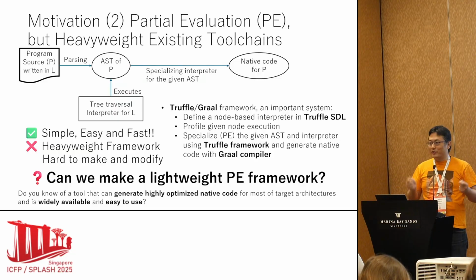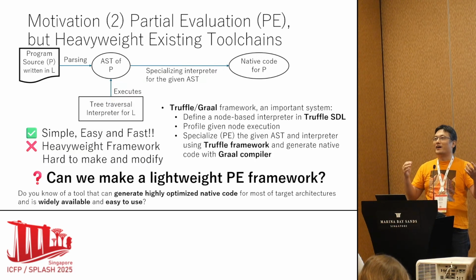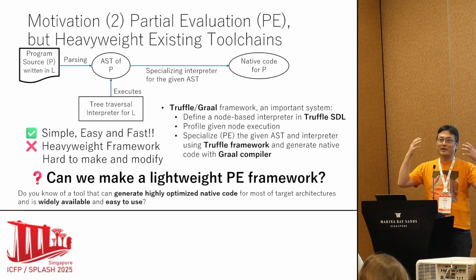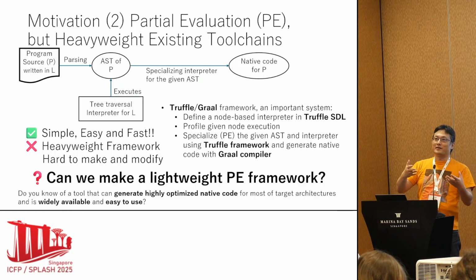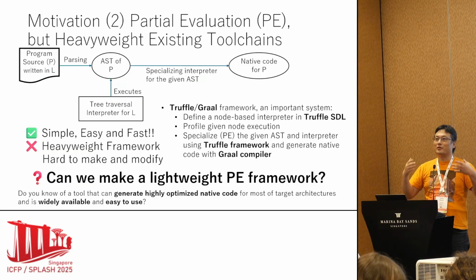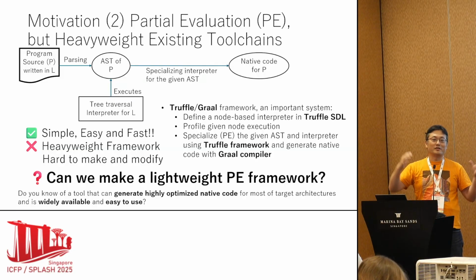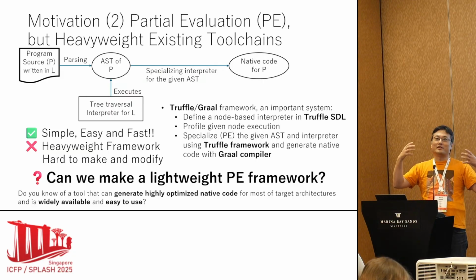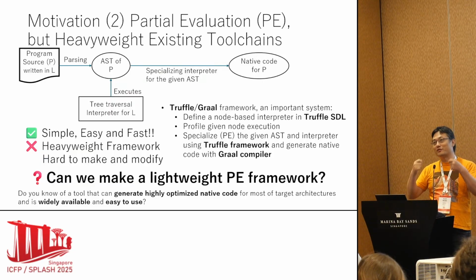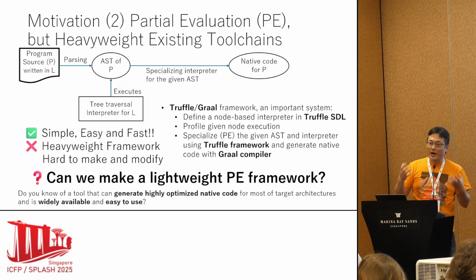The important example is the Truffle and Graal framework. The Truffle framework provides a partial evaluator for Java programs. For any target language, the user only needs to write a Java interpreter for that language. The Truffle framework specializes this AST to the intermediate representation, and the Graal compiler compiles it to native code, so highly optimized native code.